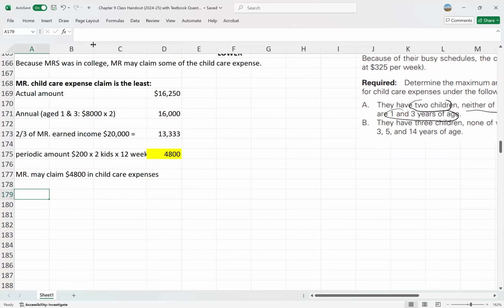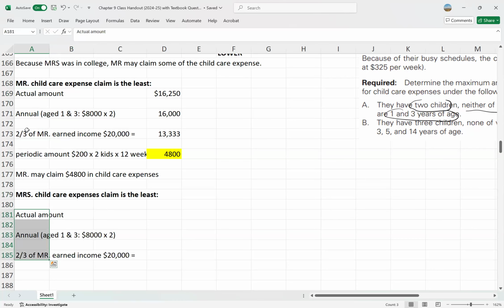Then we consider how much she can claim. So her claim is going to be the least of only 3 amounts because she's not the higher income spouse.